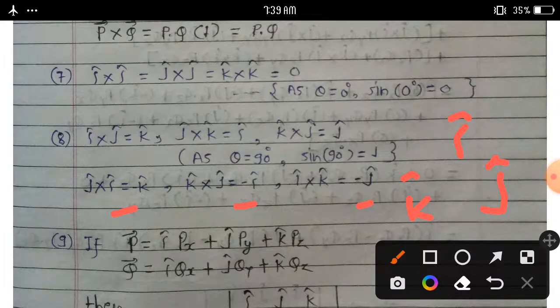When we multiply these two unit vectors in this order, i cap cross j cap, we get the next vector, that is k cap. Next, k cap cross i cap, we get another unit vector, this is j cap.